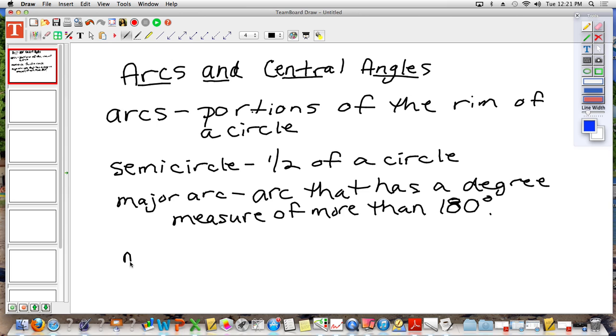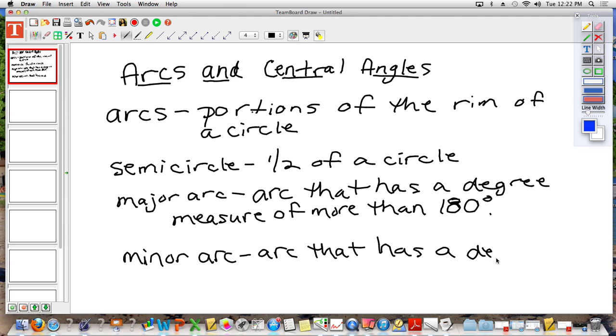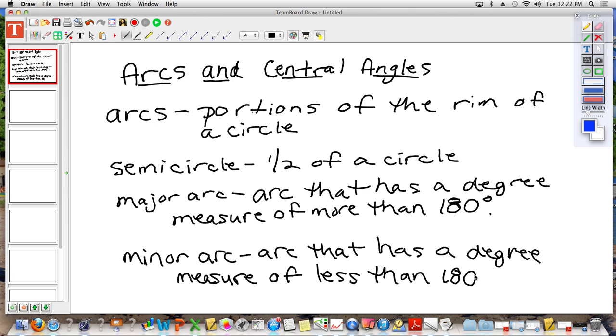So my next word is a minor arc. So it's below 180 degrees? Yes. So it is an arc that has a degree measure of less than 180 degrees.